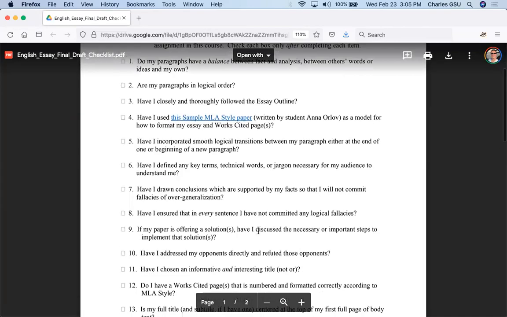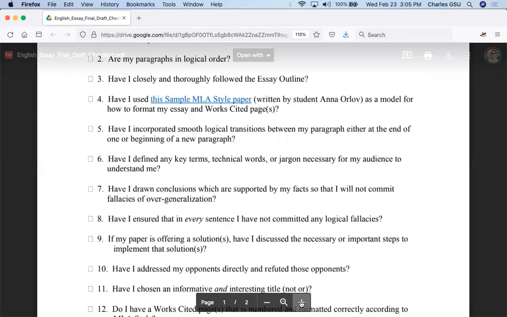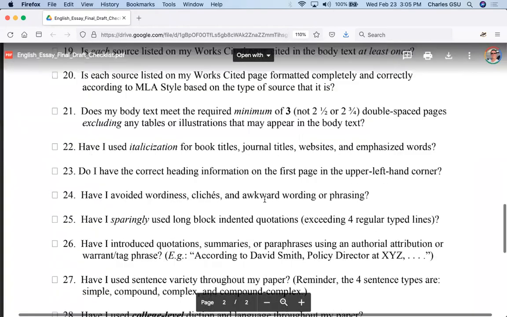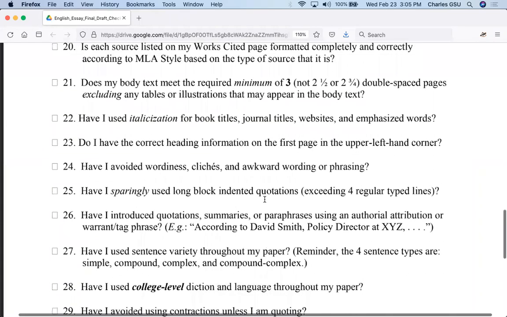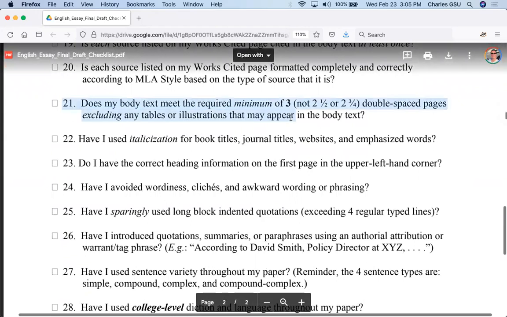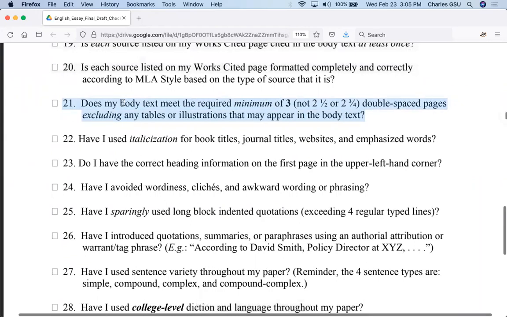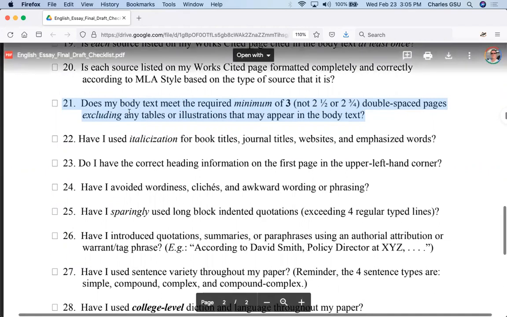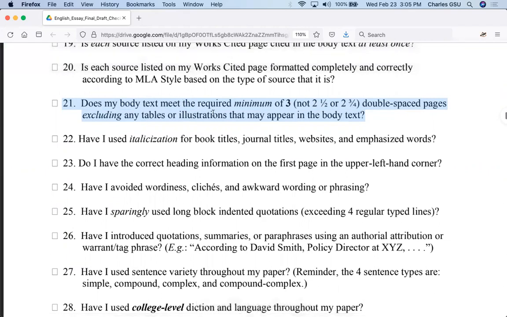And there are 35 questions here, one of which is number 21. It says, does my body text meet the required minimum of 3, not 2.5, not 2 3/4 double-spaced pages, excluding any tables or illustrations that may appear in the body text? So a minimum of 3 double-spaced pages.